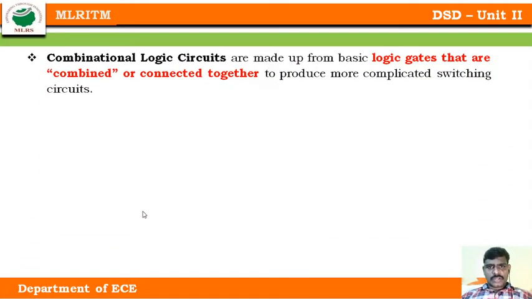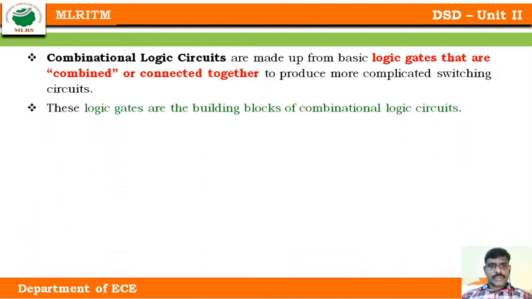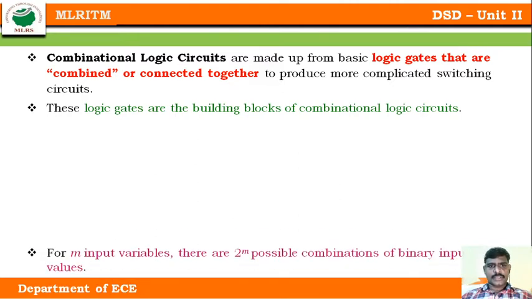A combinational logic circuit is made up of basic logic gates that are combined or connected together to produce more complicated switching circuits. These logic gates are the building blocks of your combinational logic circuits.